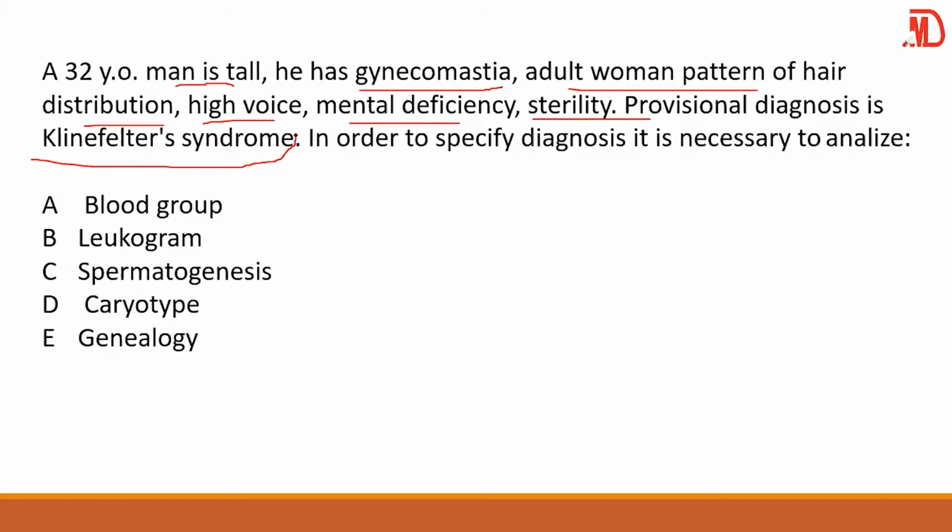So don't worry about this one. But definitely it's a chromosomal problem. In order to specify the diagnosis, how do you analyze this? You need to look at the karyotype. In other words, the chromosome count.